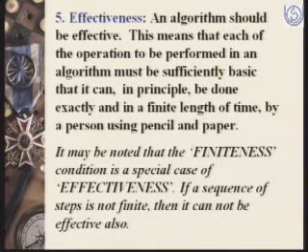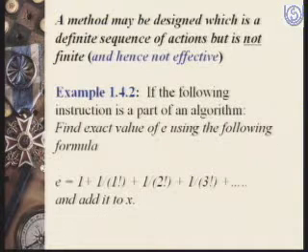And finally, the effectiveness. Friends, effectiveness means whatever you do, you can do it with pen and paper, etc. You may be definite, but the resources required may be so large that you may not be able to do that. Actually, finiteness may be a part of this one. For example, please look at the slide. The value of E may be computed as given on the slide.